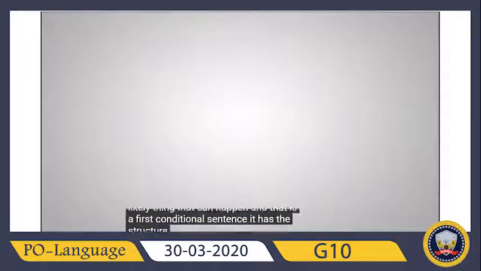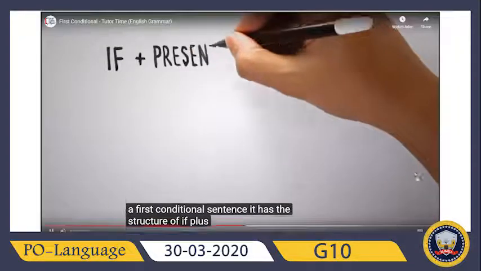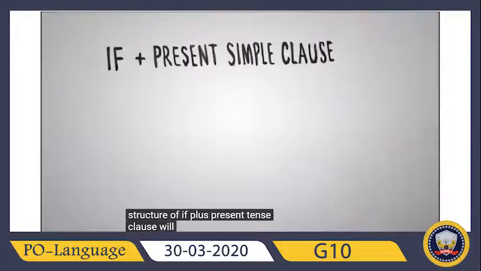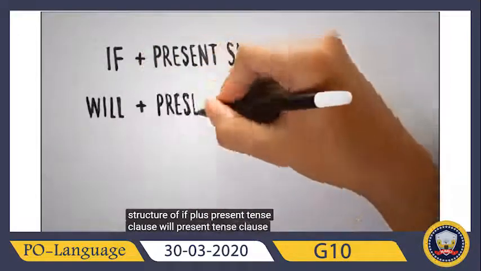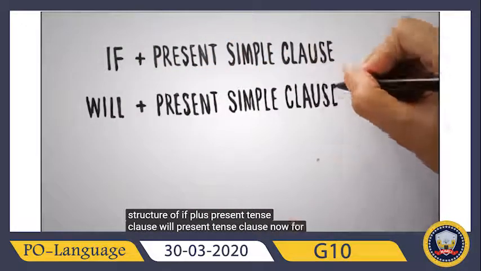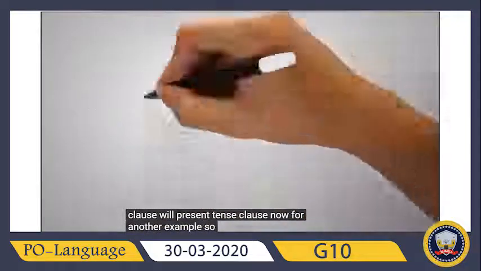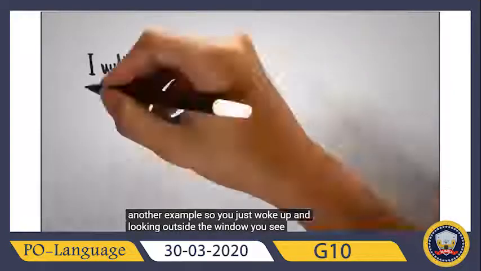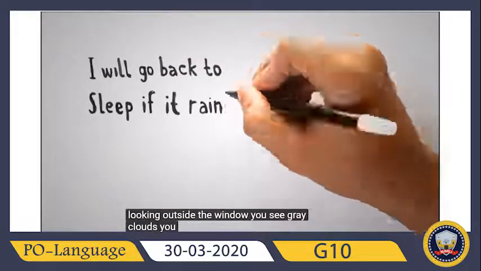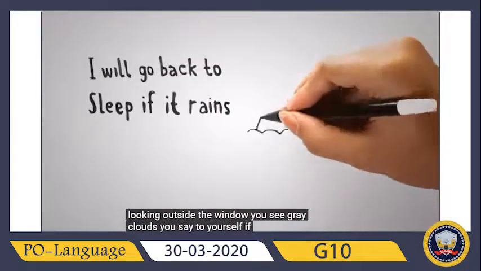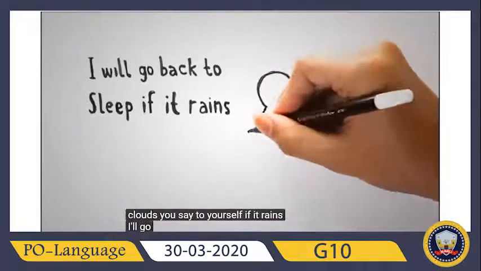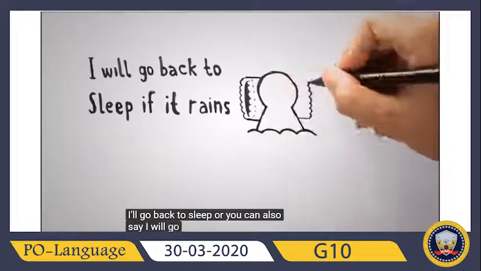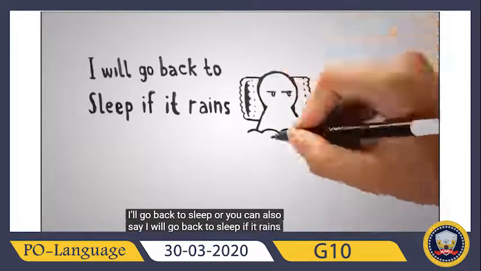It has the structure of if plus present tense clause, will plus verb clause. Now for another example. So you just woke up and looking outside the window, you see grey clouds. You say to yourself, if it rains, I'll go back to sleep. Or you can also say, I will go back to sleep if it rains.